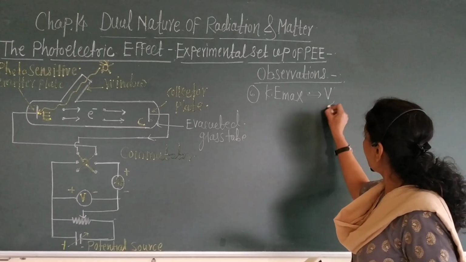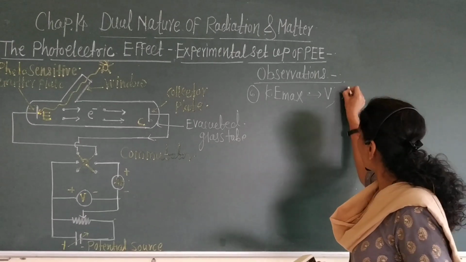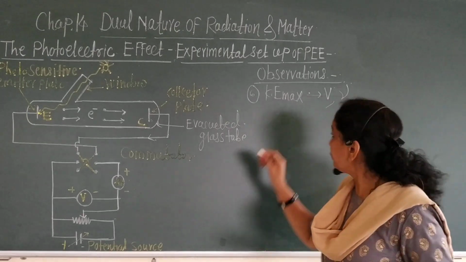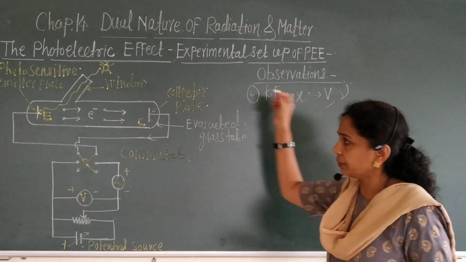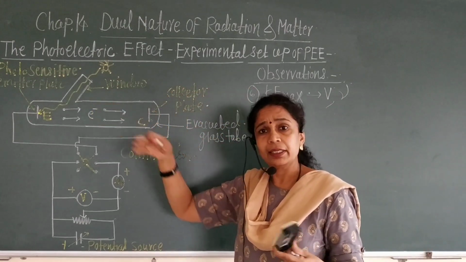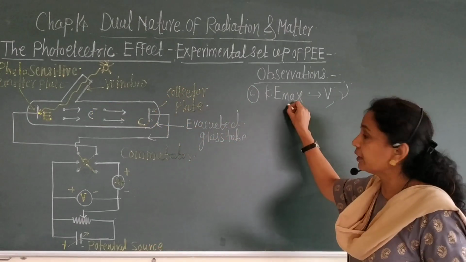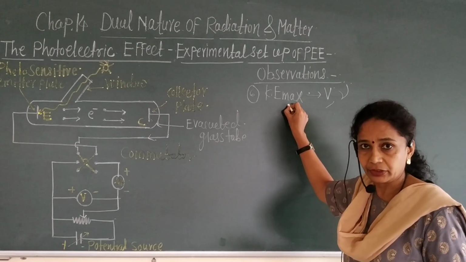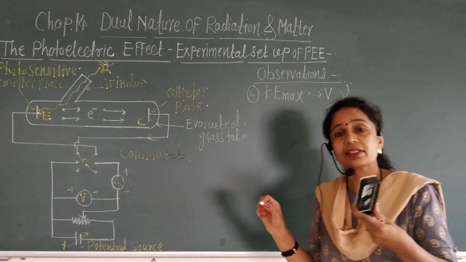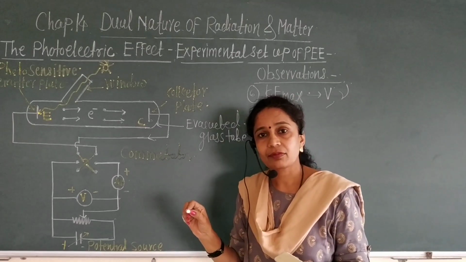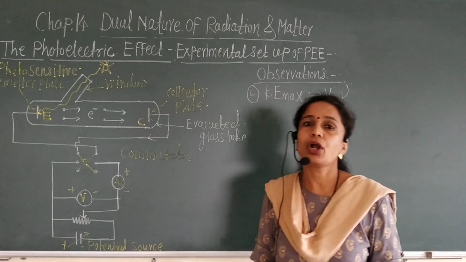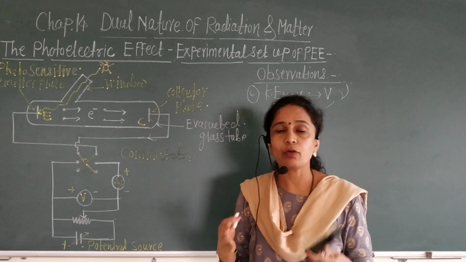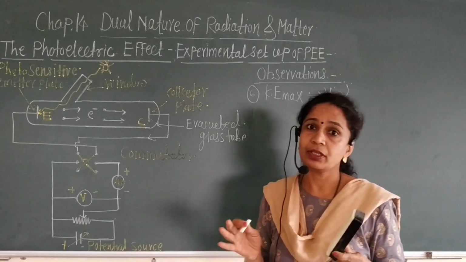Therefore, it depends on the potential V. Again, it depends on the frequency of incident radiation. Because the emitter is made up of metal, if the metal changes, the kinetic energy of the photoelectrons will change. As the frequency of incident radiation changes, the maximum kinetic energy of the photoelectrons also changes.